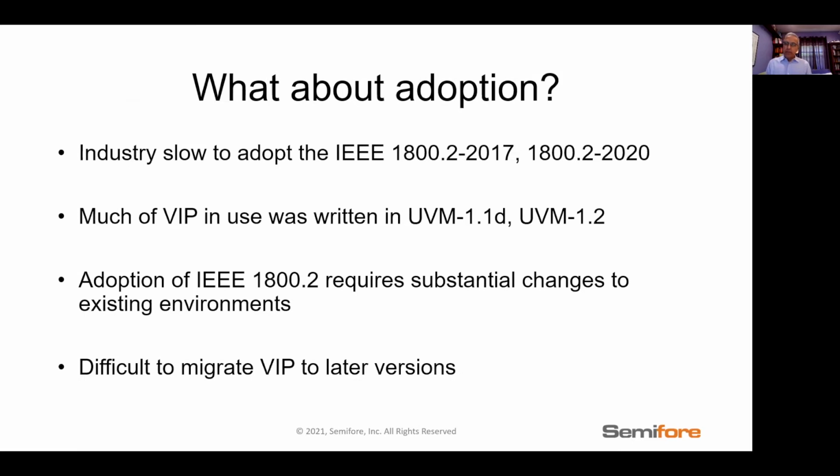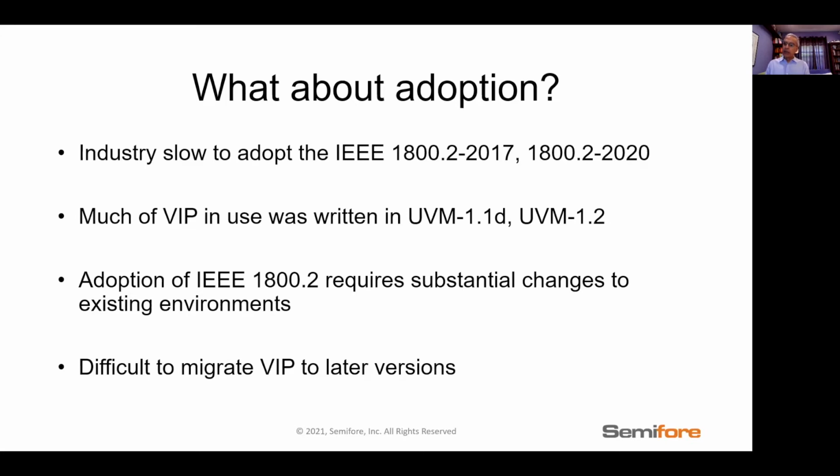So with all these different versions of the UVM standard, how is the user community doing with adopting the IEEE standard? Well, the working group has found out that the industry is actually pretty slow in adopting the IEEE 1800.2/2020 standard. Much of the VIP has been written in UVM 1.1D or UVM 1.2.